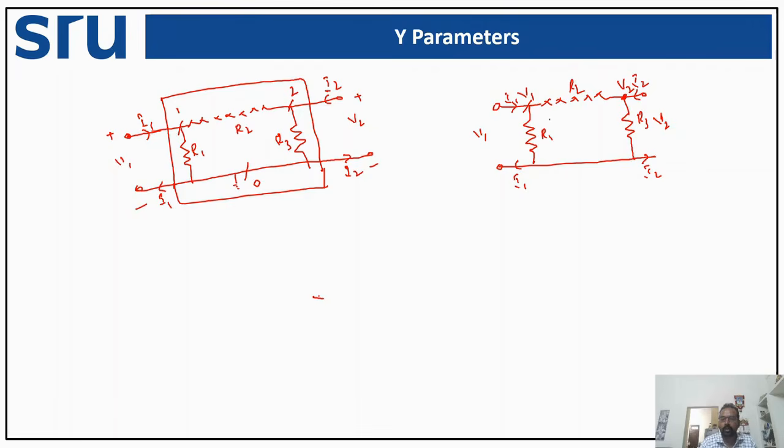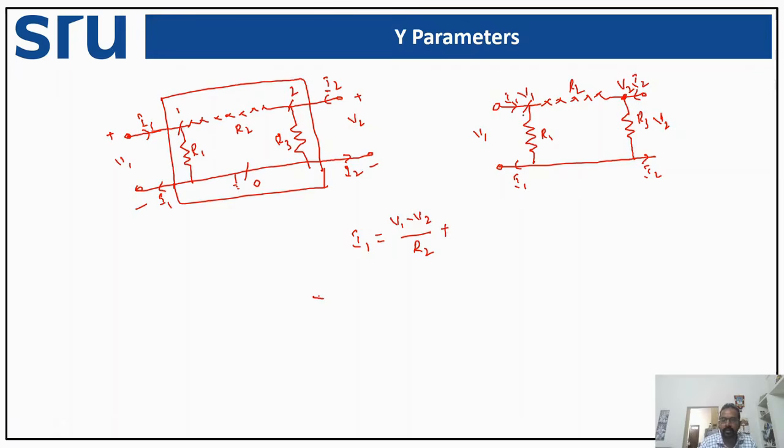If we apply our nodal equations at node 1 and node 2, at node 1, I1 is the incoming current, and let us compute the outgoing currents. We have 2 branches. The current flowing through one branch is V1 minus V2 by R2, assuming V1 is greater than V2, so the current is an outgoing current.